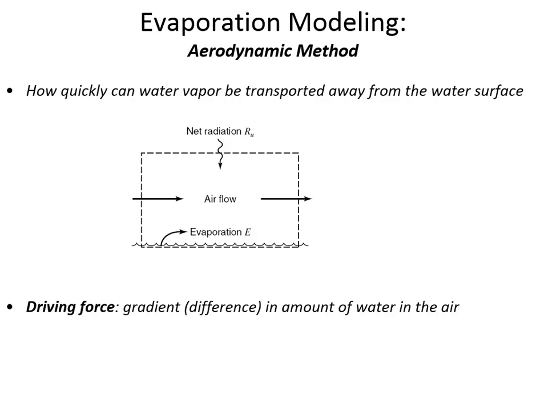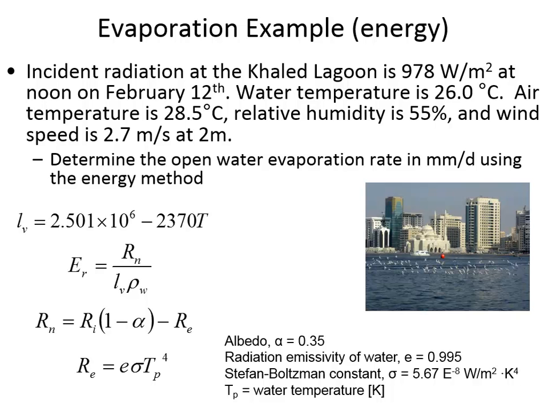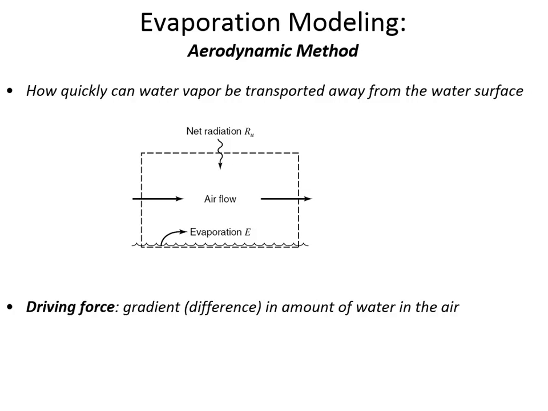And so in this previous example, what we were saying is assume unlimited transport. The only limiting factor here is energy, in the energy part of the equation. It's flipped in the aerodynamic method. The aerodynamic method says, let's assume unlimited energy and instead just concern ourselves with how quickly the moisture can be moved out of the area so that more evaporation can occur.